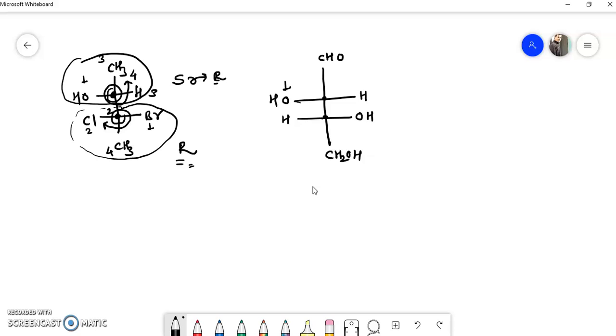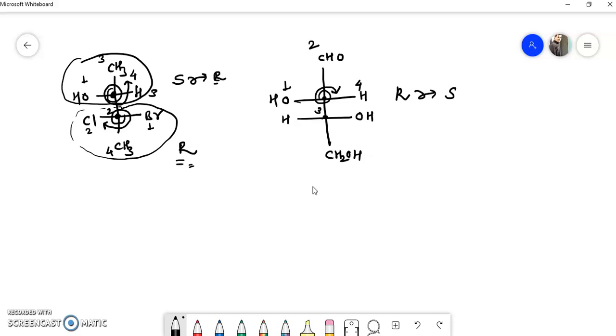So this will have the second priority, remember. Okay, this will have third priority and this will have fourth priority. So the wheel will be rotated like this: from 1 to 2, 2 to 3, and from 3 to 4. So it is clockwise, right? R, but the lowest priority group is on the horizontal line, so R changes to S.